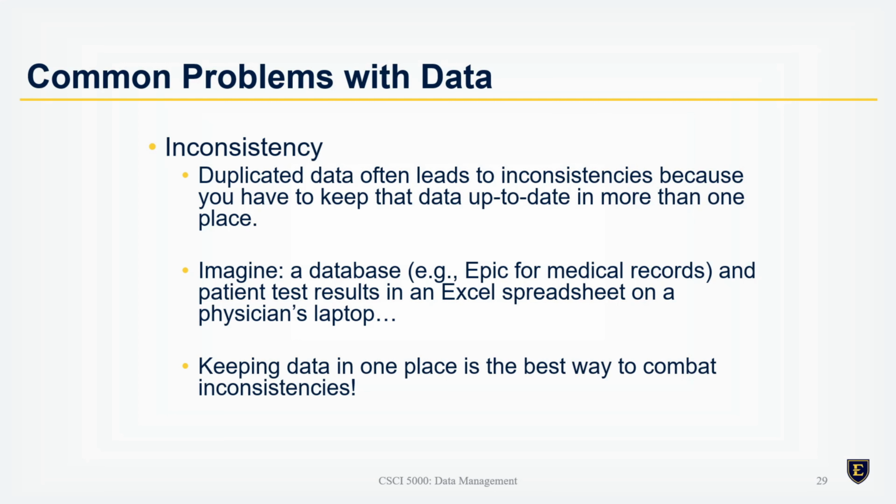However, if a physician or a physical therapist had patient information in an Excel spreadsheet on a laptop or a computer that was not connected to the main data store, that could lead to problems because the official medical record could end up with missing data or inconsistent data. So keeping data in one place is always the best way to combat those inconsistencies.